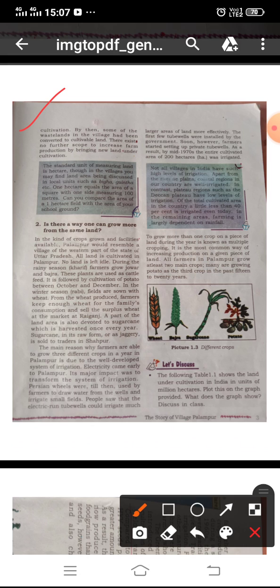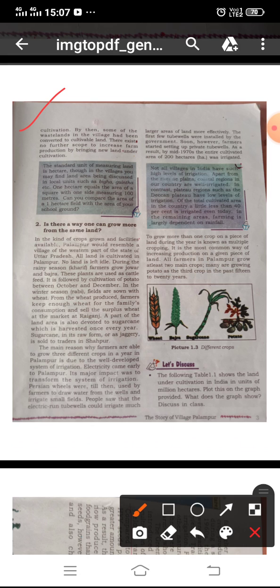There all land is cultivated, and there is no land that is idle, or barren. During the rainy season, the Kharif season, there are two types of seasons in our farming language, Rabi and Kharif.